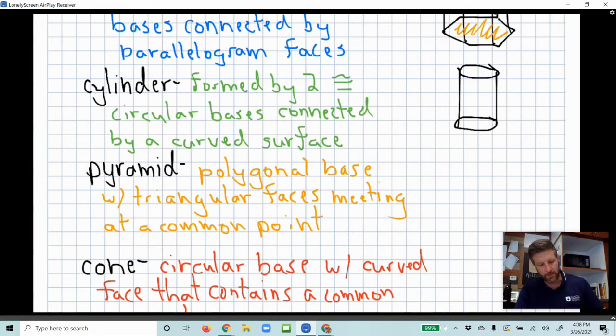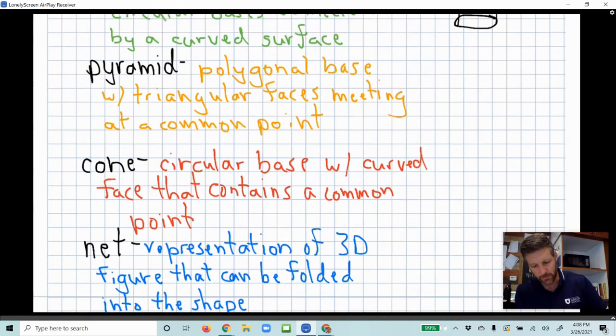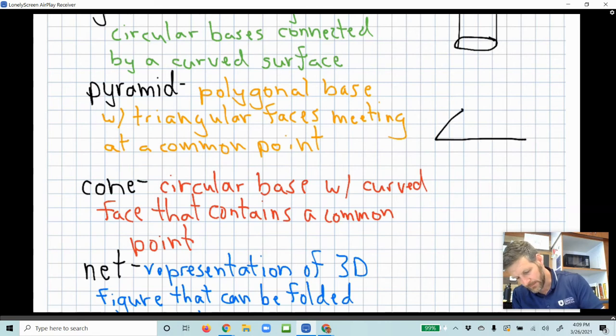Then we get to a pyramid. A pyramid has a polygonal base with triangular faces meeting at a common point. Now, you know what a pyramid is, but we're trying to be a little more technical because there's maybe more types of pyramids than you would expect. But it has some sort of a polygon base. In this case, we'll make it a trapezoid.